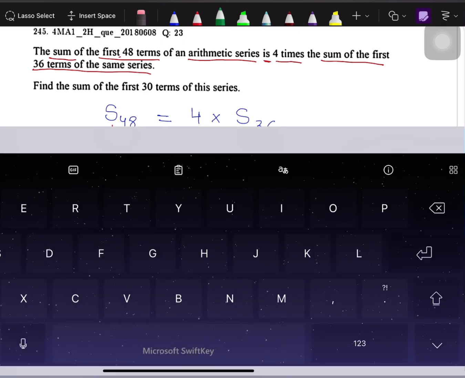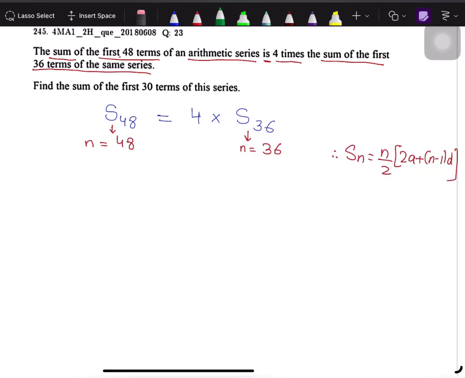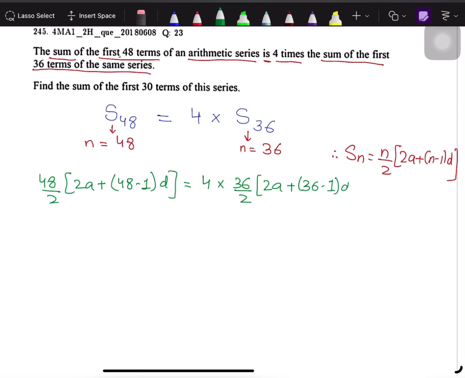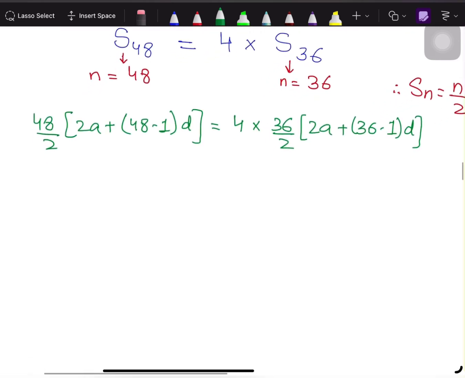So let's solve it. S48 becomes 48 upon 2 times (2a as it is, plus 48 minus 1 times d as it is). We don't have it. Same is the case here, but 4 times 36 upon 2, times (2a plus 36 minus 1 times d), since we don't have d, it comes as it is. Let's solve it further.